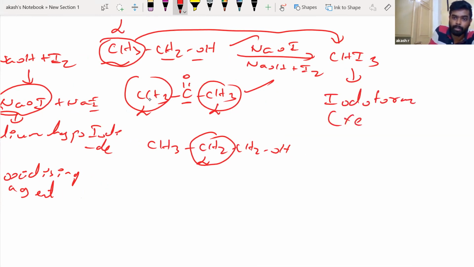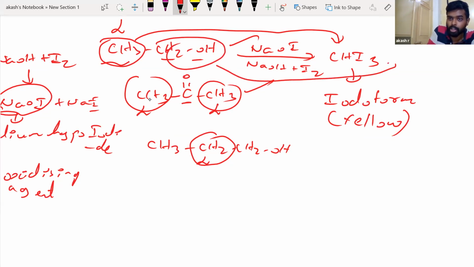This will be yellow in color, and the remaining part will get oxidized to acid. Now you see that there's only one carbon atom. Acid means HCOO minus or HCOOH, however you want to write it. So the alpha methyl group will form the iodoform, which is yellow in color. When you form the yellow color, that confirms there was an alpha methyl group. And the remaining part is going to form the acid.